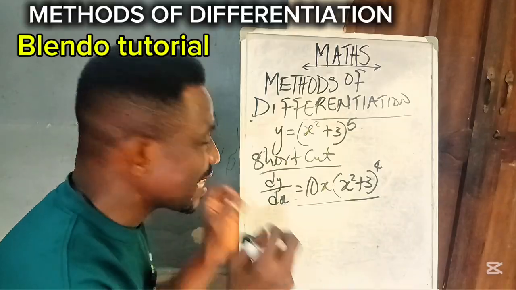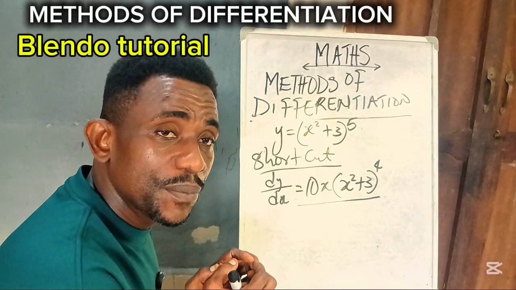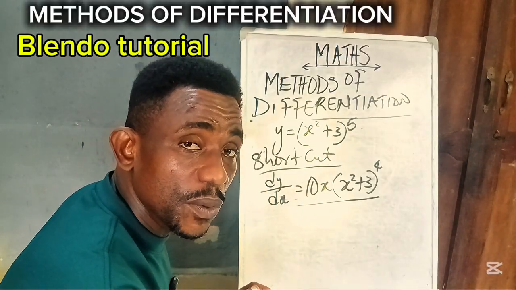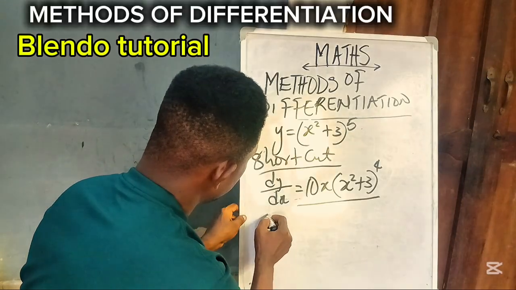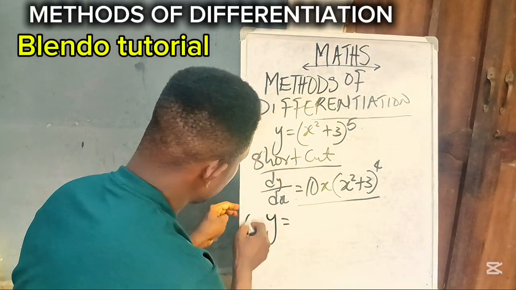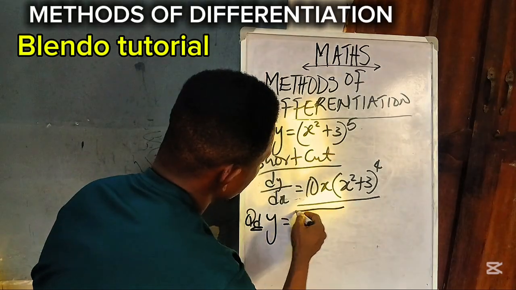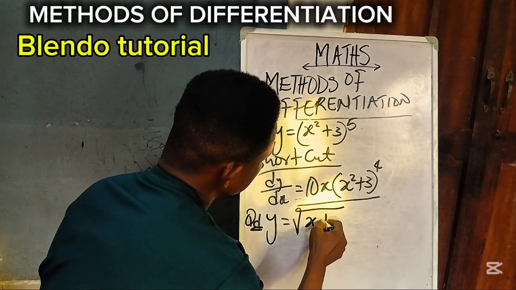But the first thing is identify that this particular question is a composite function. When you observe the types of function, you'll be able to solve it. Apply the actual formula. Now, square root of x plus 4.